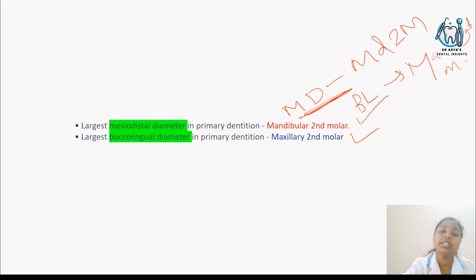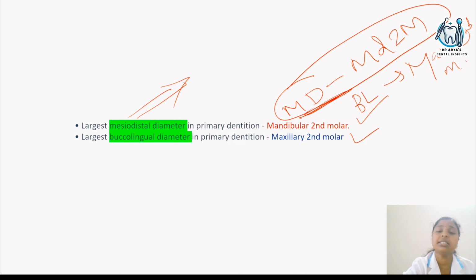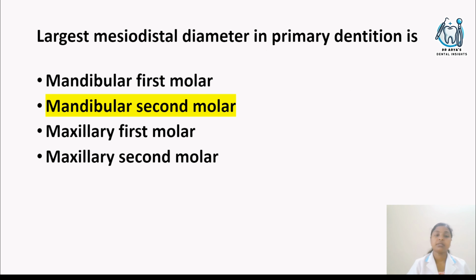The mnemonic is MD for MD, that is, mesiodistal diameter is largest for the mandibular second molar. So the answer for this one is mandibular second molar.